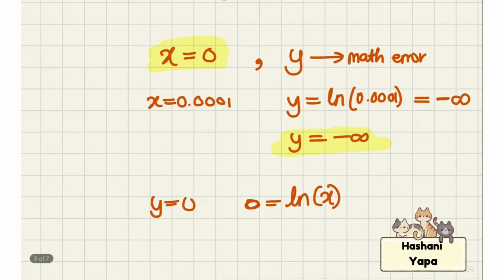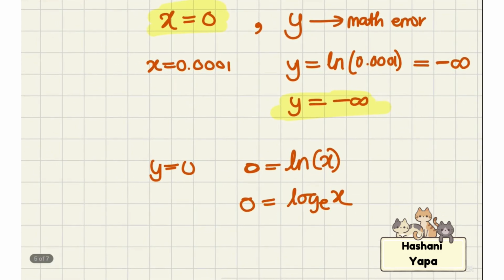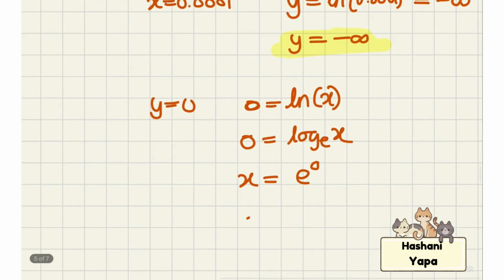How do we remove the ln? 0 equals log base e of x, we know that. Then x is equal to e to the power 0, so x is equal to 1. So when y equals 0, x equals 1. That is our other coordinate.